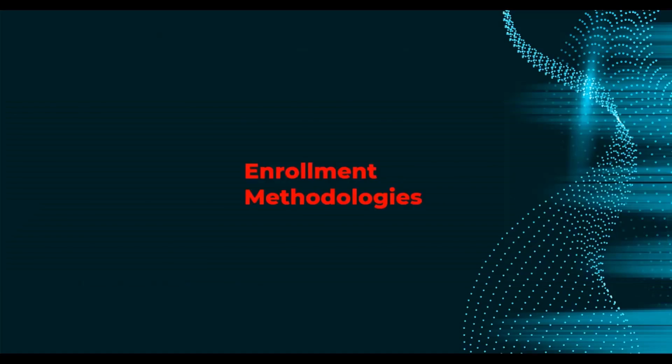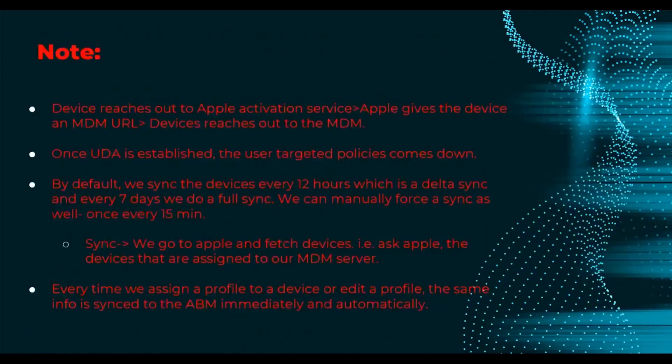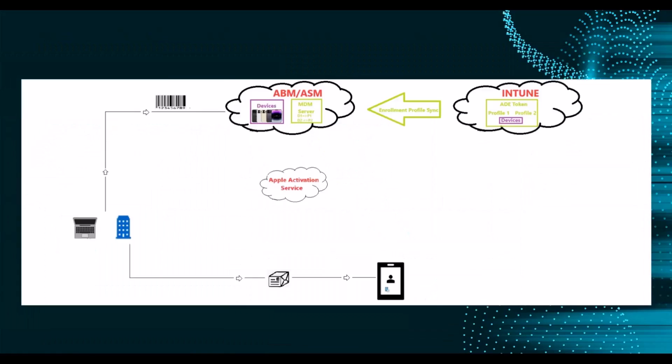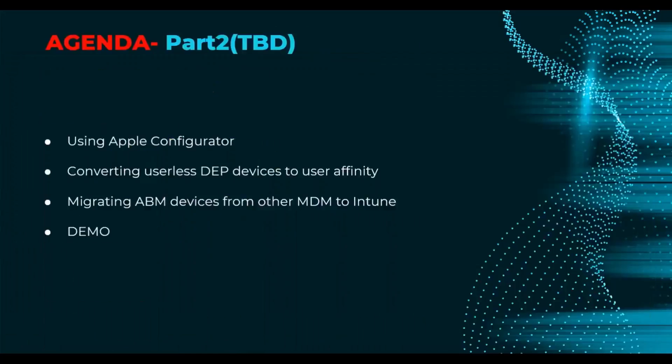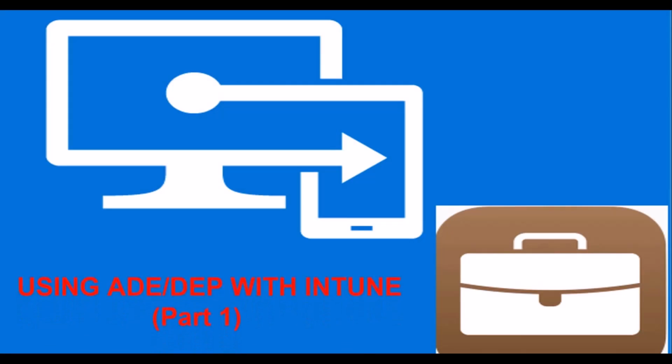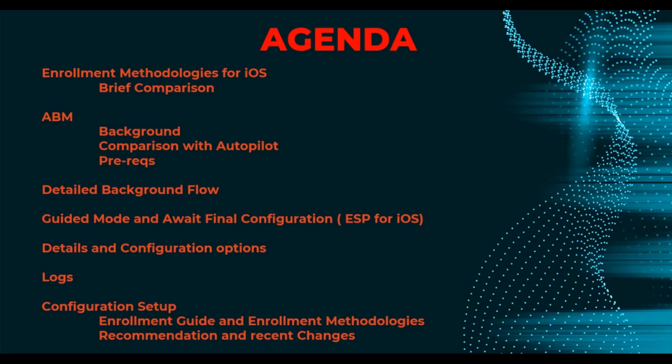So that's pretty much it, guys. I hope in this tutorial we were able to understand what exactly ADE is, what is the background flow that is happening, most importantly during an ADE enrollment, because that is going to be the basis of doing any kind of troubleshooting. I hope we understood what are the various enrollment methodologies, which one to use and when.